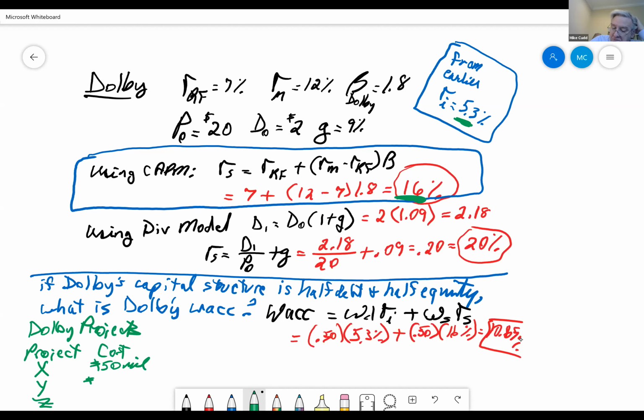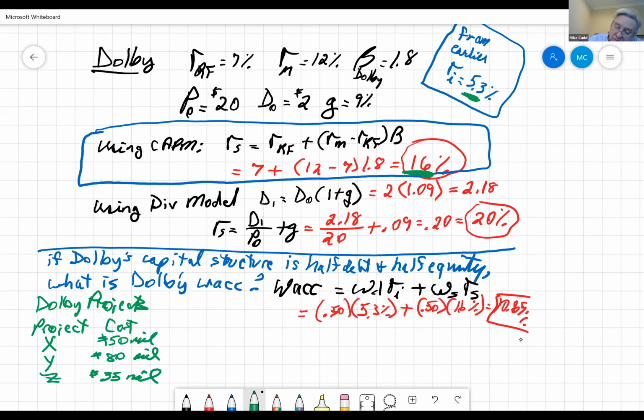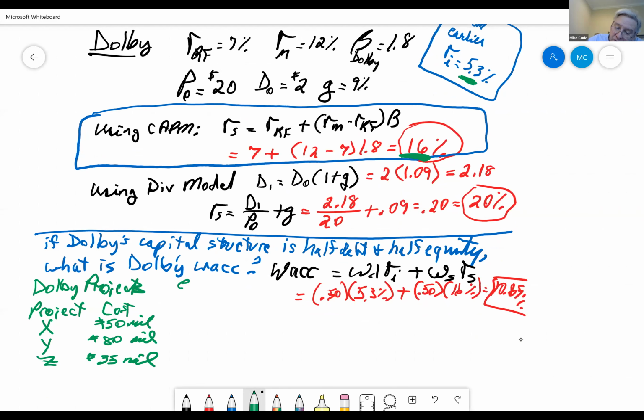Y costs 80 mil. Z costs 35 mil. And the expected return on each of these projects. On X, the expected return is 9%. On Y, it's 13. And on Z, it's 10.